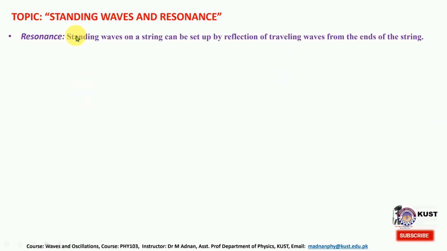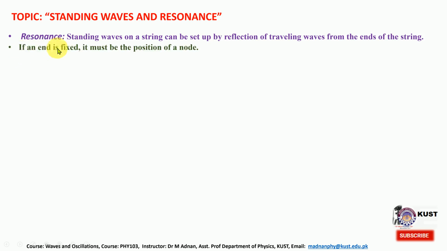Now, as I told you, one can resonate the standing wave profile by the following setup. A standing wave on a string can be set up by reflection of a traveling wave from the ends of the string.